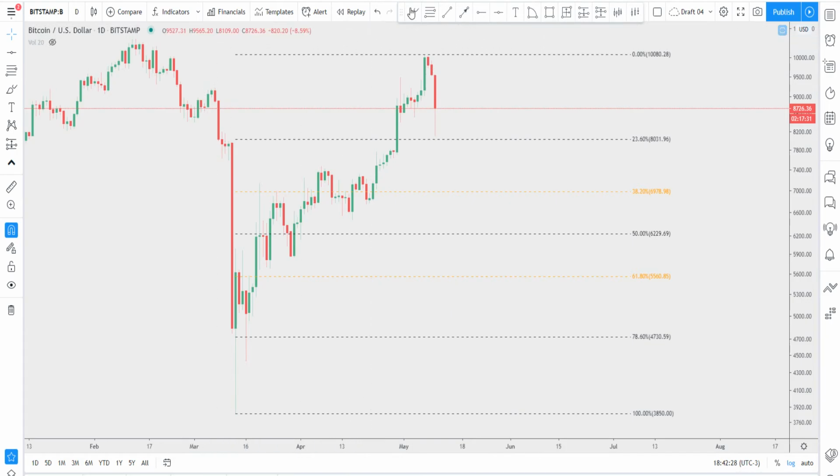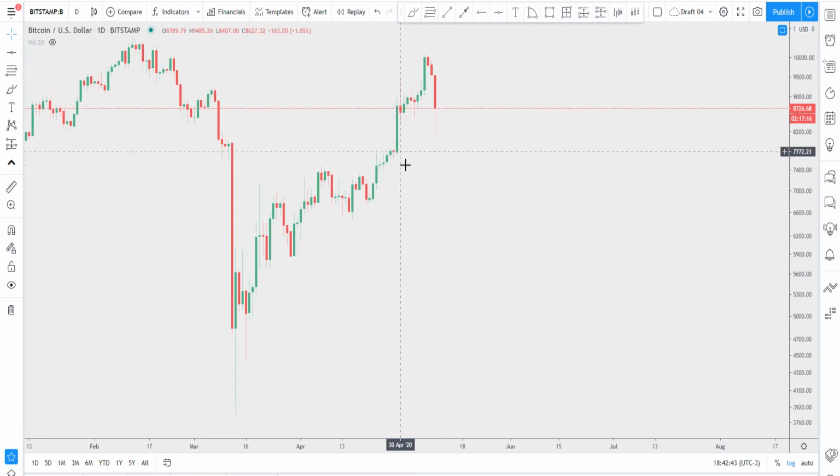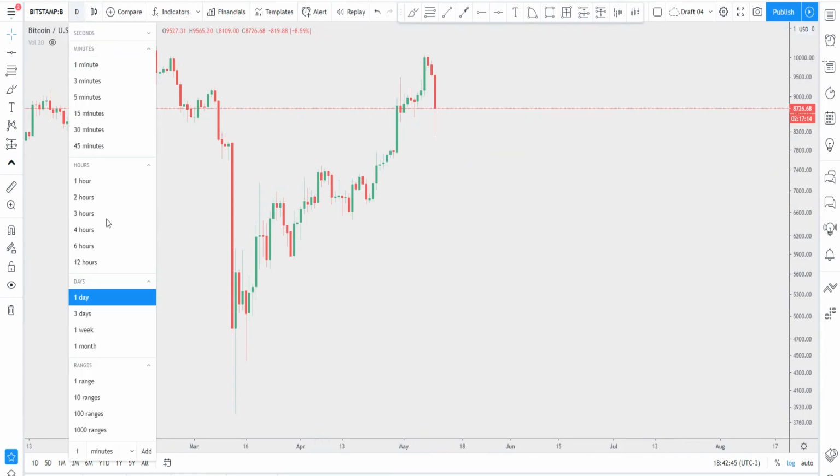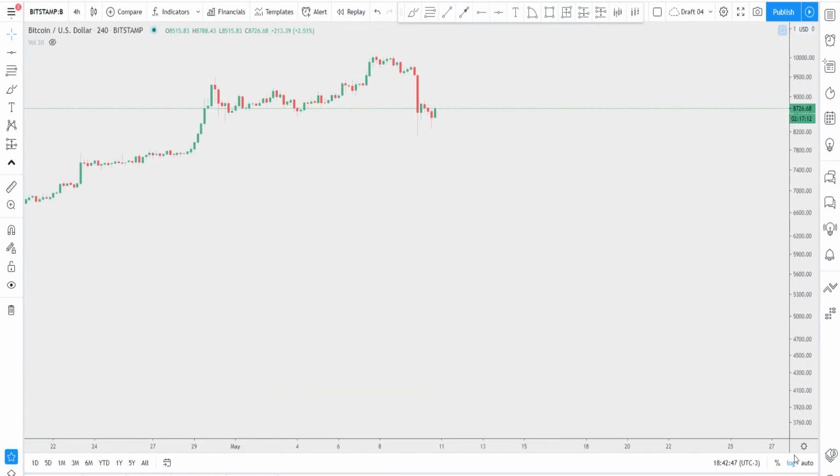And for Bitstamp, it's not set so far, but for a few other exchanges it is already set, which is a bear trigger. This is a red flag for the bulls and a call for the bears. Let's take a quick look on the 4 hours.